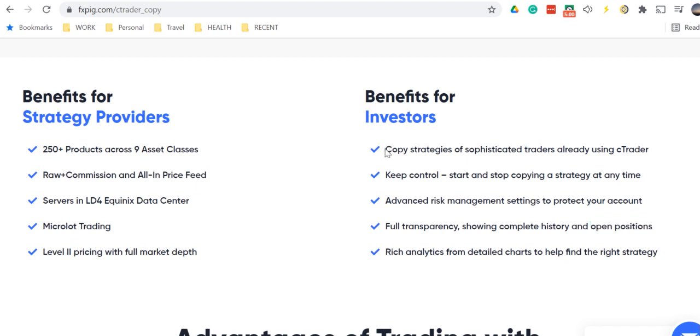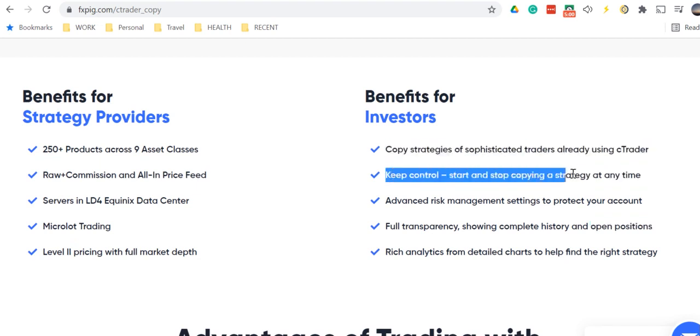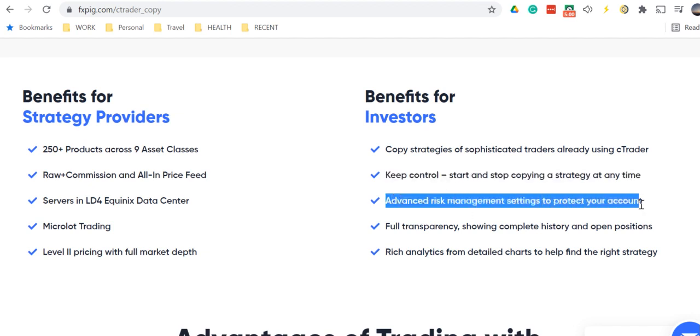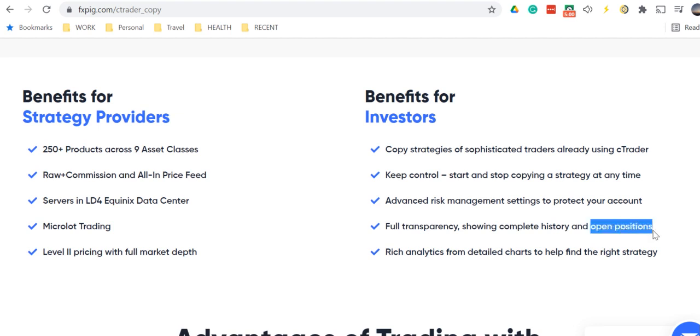So benefits for investors: copy strategies of sophisticated traders already using cTrader, keep control, start and stop copying at any time, advanced risk management settings to protect your account, full transparency showing complete history and open positions. So that's nice. They don't always show the open positions that traders are currently running. That's really nice, because some traders, particularly on Naga, you wouldn't see the open trades, and they might be sitting on trades and waiting for them to come back.